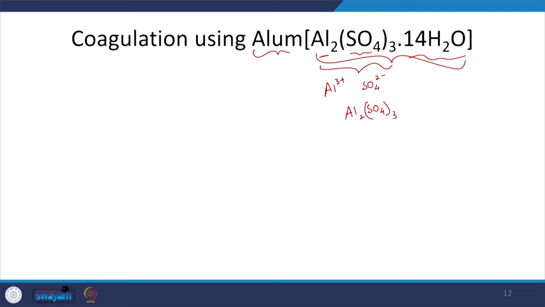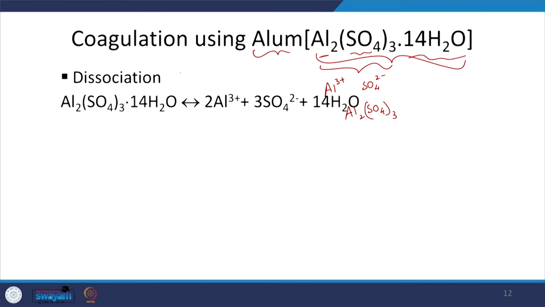Once we add this, let us see what happens to the solution. It will dissociate once I add it to the water, or dissolution, if I may say so, dissociation or dissolution. So, what is it going to dissociate into? So, obviously Al3 plus and SO4 2 minus, mind the stoichiometric coefficients, Al2, so 2 Al3 plus, SO4 3, so 3 SO4, and charge is 2 minus, and water, I guess, right.